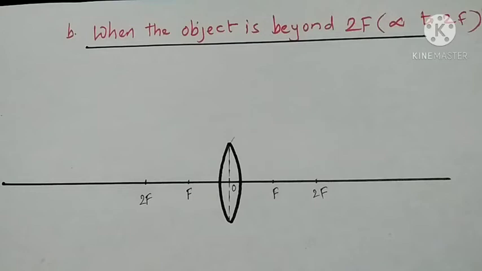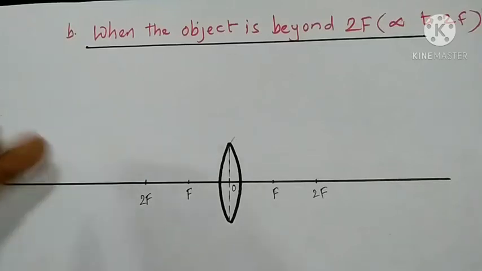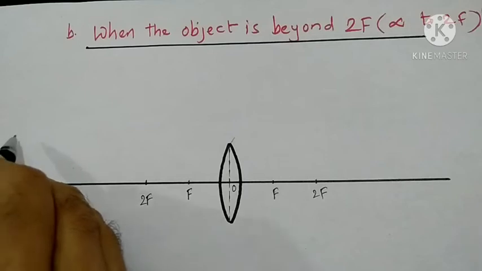Next is when the object is beyond 2f. So what kind of image is formed when the object is beyond 2f? Beyond 2f means the distance between infinity to 2f. For example, this is infinity.